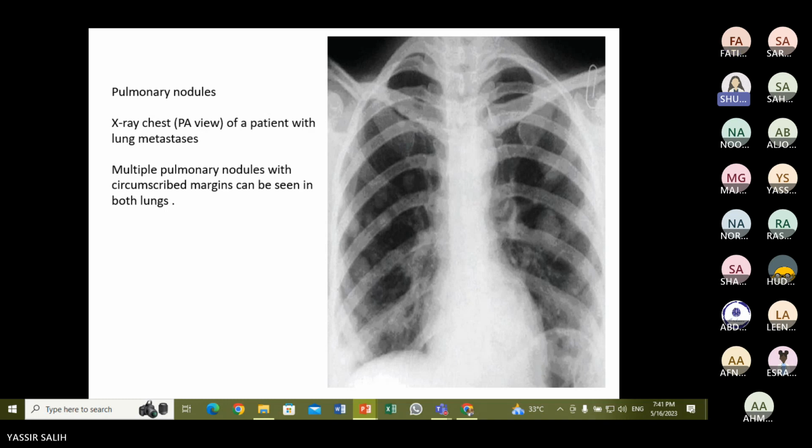Thyroid and parathyroid, yes. What else? Teratoma. Lymphoma. Thoracic aorta. Yes. And the most common one?